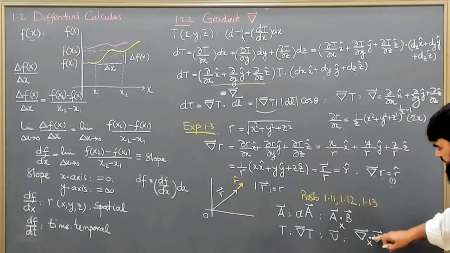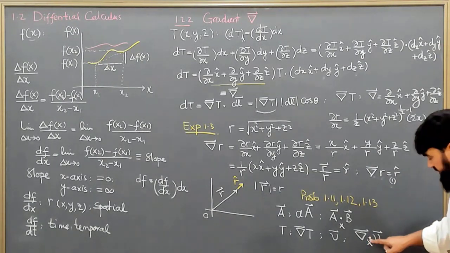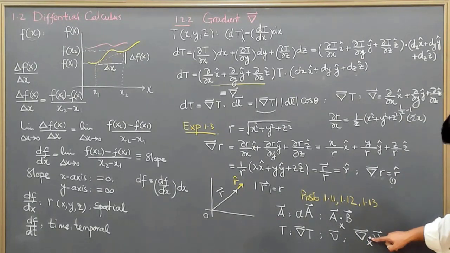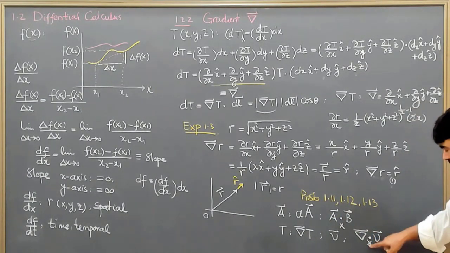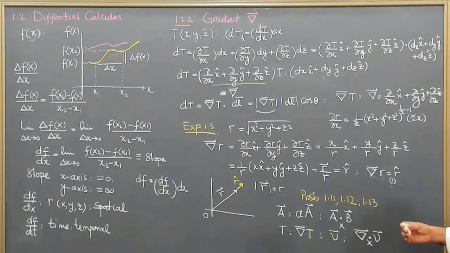When it is a dot, I told you, when a dot is there between two vectors, it is translational dynamics, movement in a straight line. And when it is a cross between two vectors, then it involves rotation or rotational dynamics, or the sweeping of one along the other.